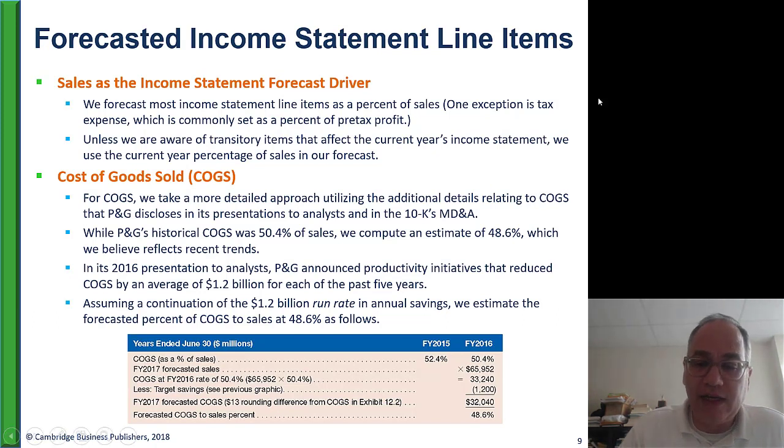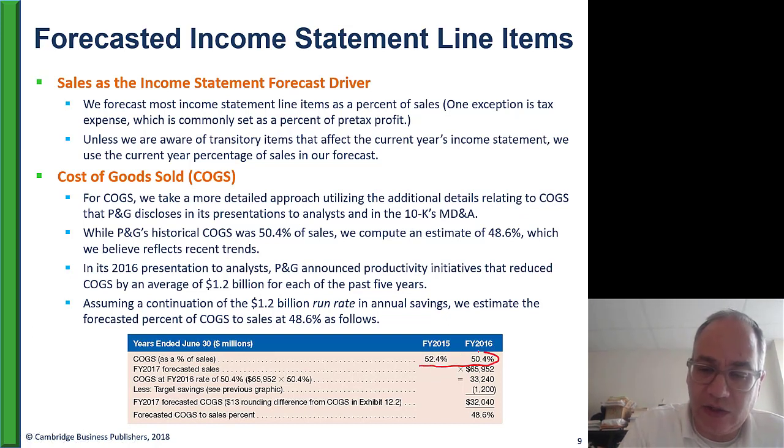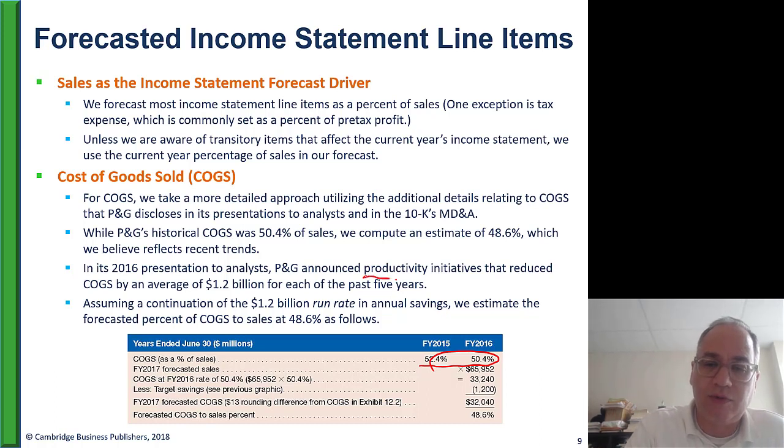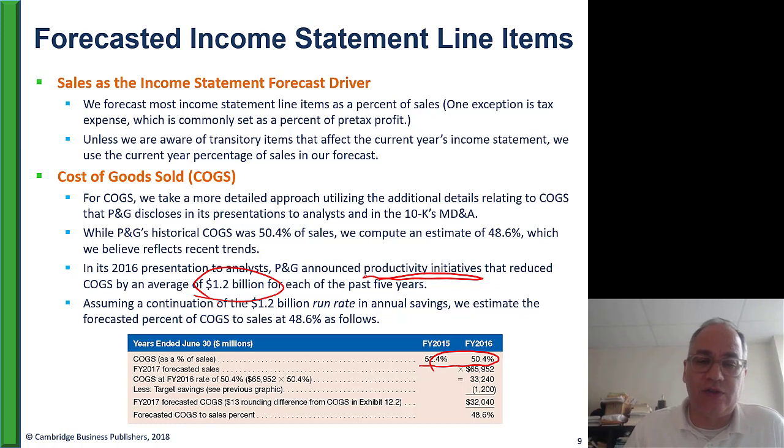And the reason why, it was 52.4% in 2005 and 50.4% in 2006. So what they're doing is there's a certain target savings that the company has called productivity initiatives, and they're able to reduce cost of goods sold by $1.2 billion every year for the past 5 years. Let's assume that keeps on going.